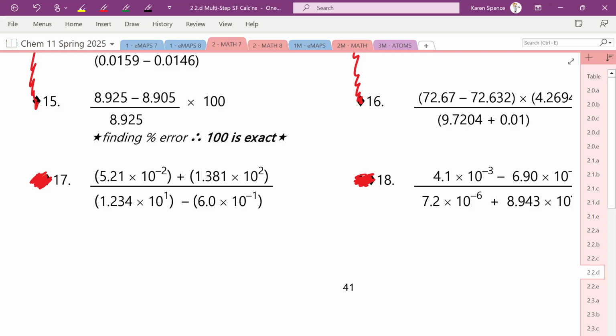Number 17. Oh, and take notice that there's a -2 and a +2 on the top. That's irritating.